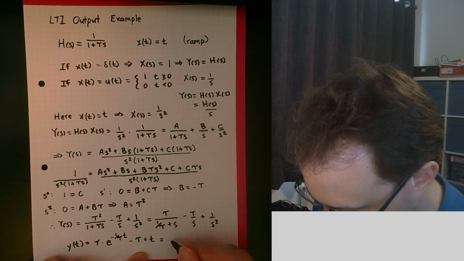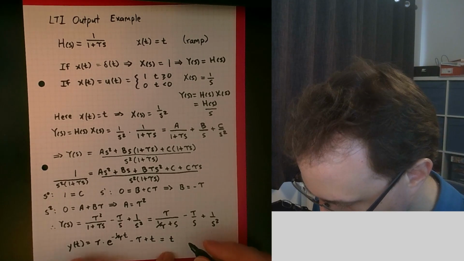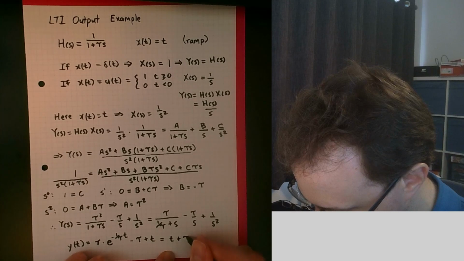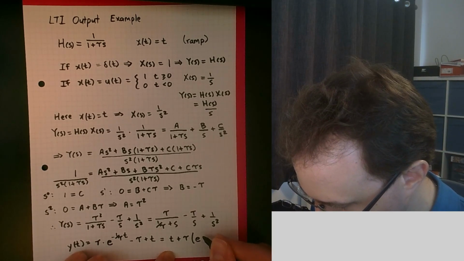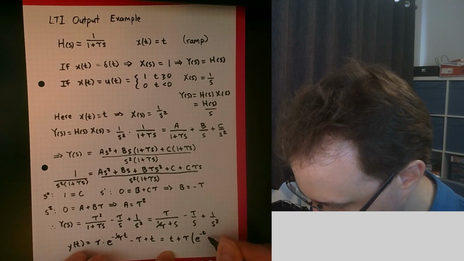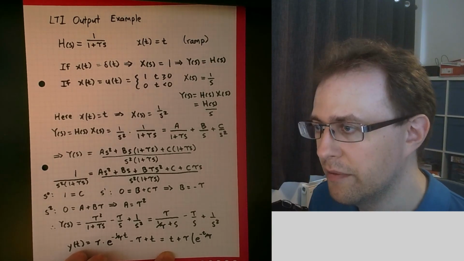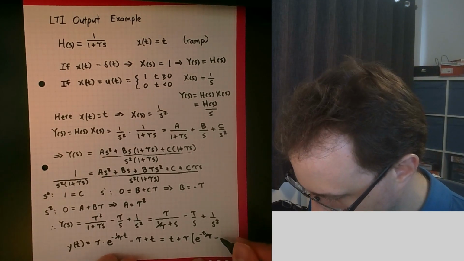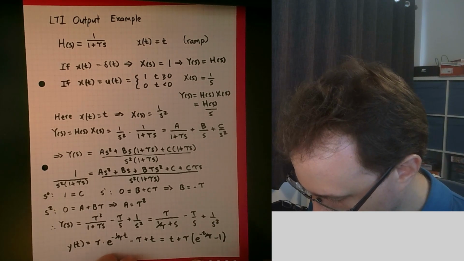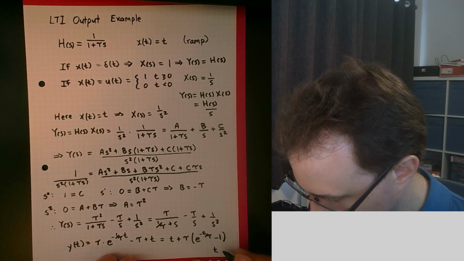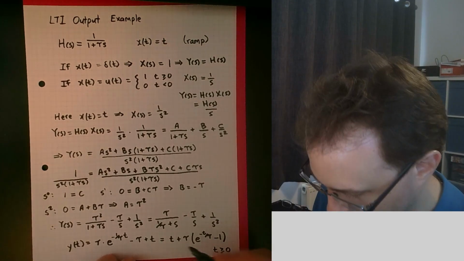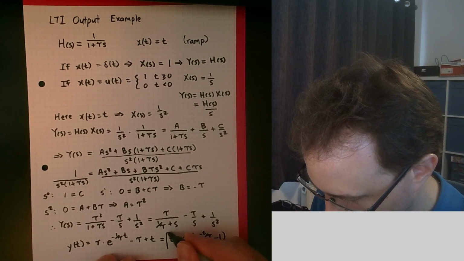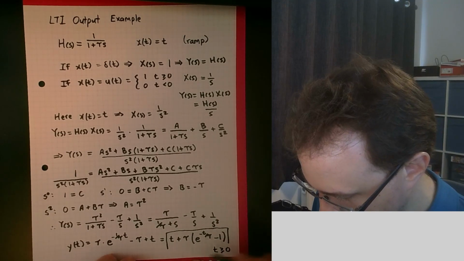So we're left with t plus tau, and then inside the brackets we have e to the negative t over tau minus 1. And this, just to be clear, is defined for time greater than or equal to 0. Let's put a little box around the expression here.